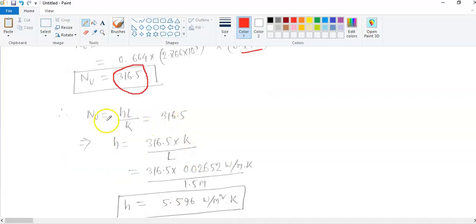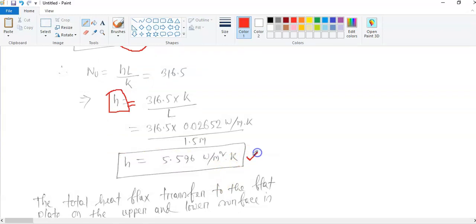So we solve this expression for h, the average convection heat transfer coefficient for the entire plate, and we got 5.596. So this is the second part of this question.